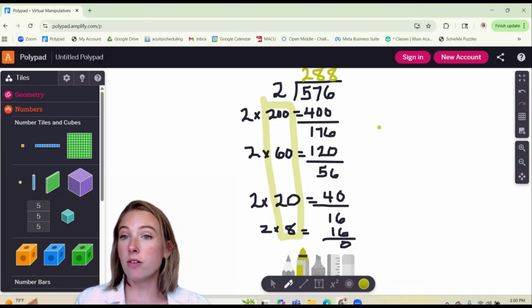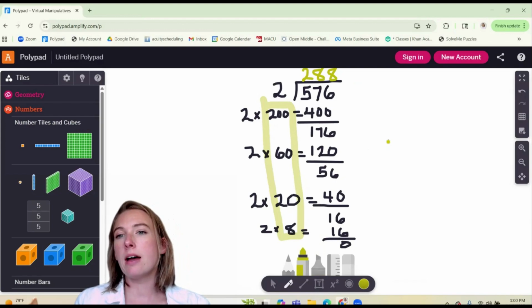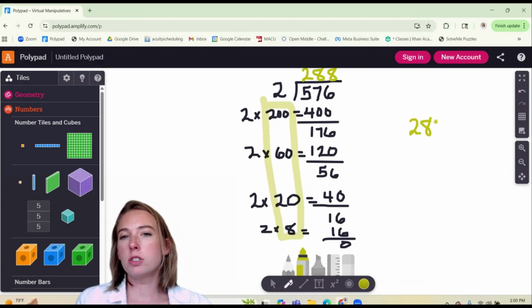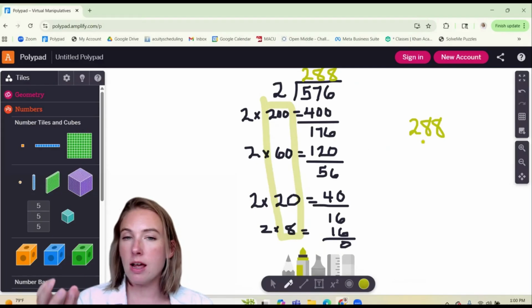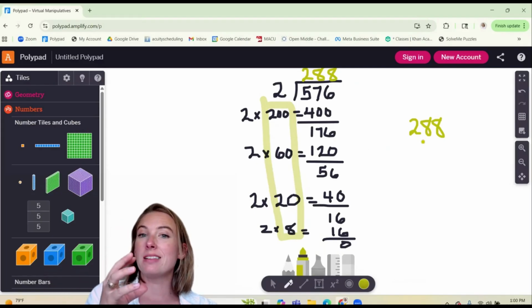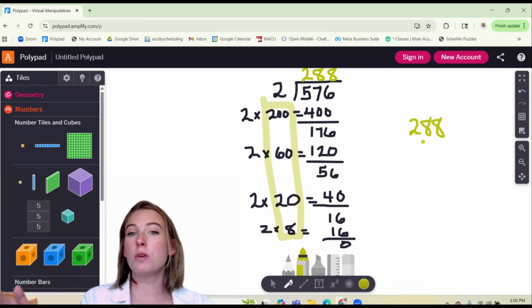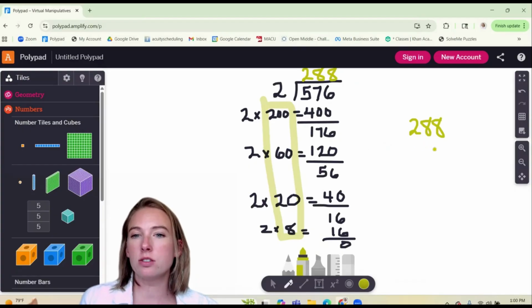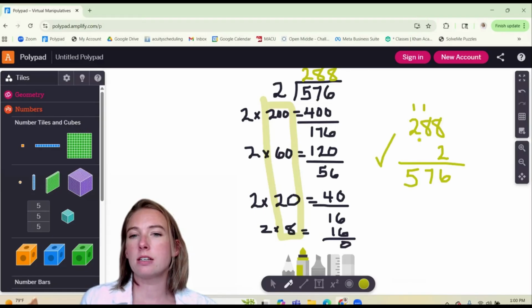And I could check myself by doing 288 times 2 to make sure that I got it correct, because multiplication is the inverse or the opposite of division. So I should be able to multiply 288 by 2 because that's 288 groups of 2 and it should get us 576. So let's do that now. Let's just check ourselves. This is going to be 16, 16, 17, 4, 5. Yes, 576. We did it.